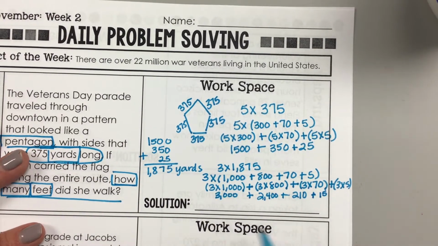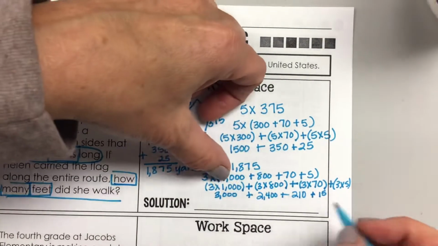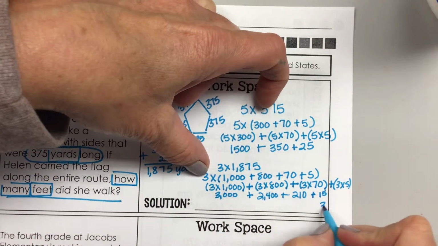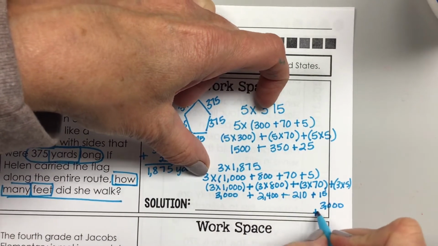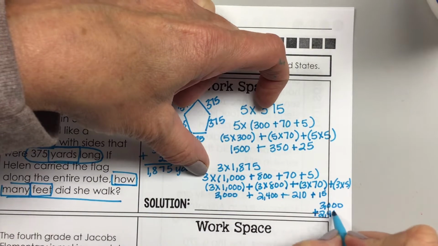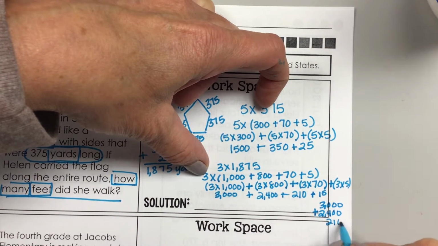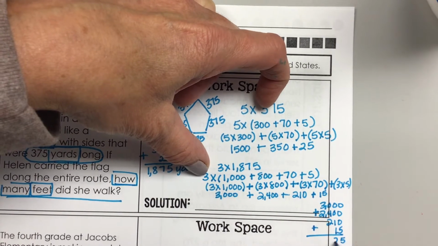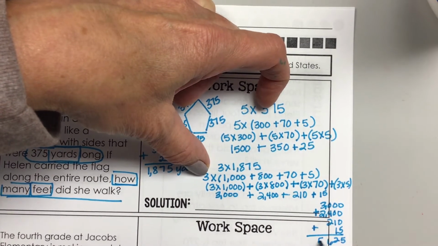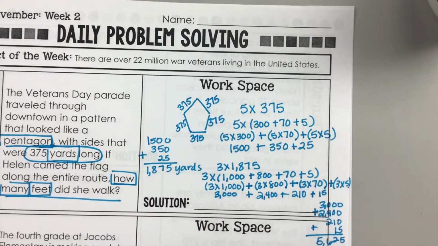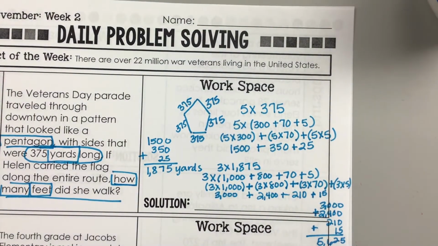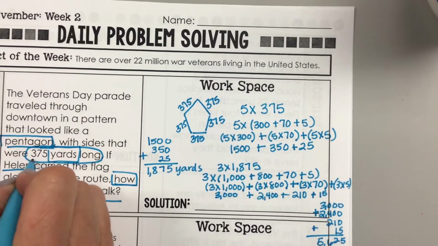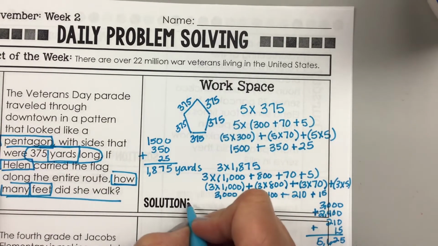Okay, so we can add these together. 3,000, I'm running out of room. 3,000 plus 2,400 plus 210 plus 15 gives you 5,625 feet. So remember, we should not write she, we should write Helen.